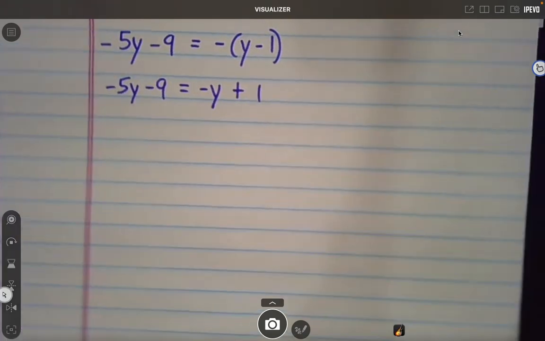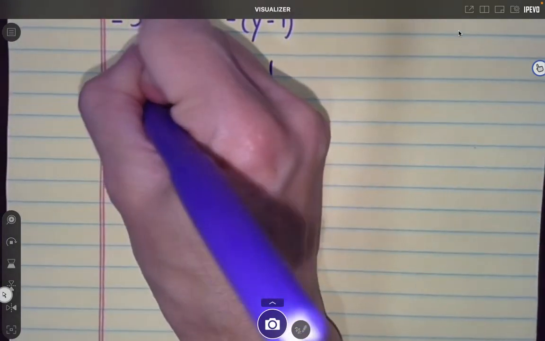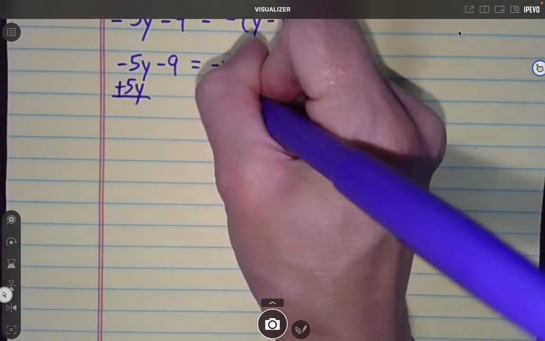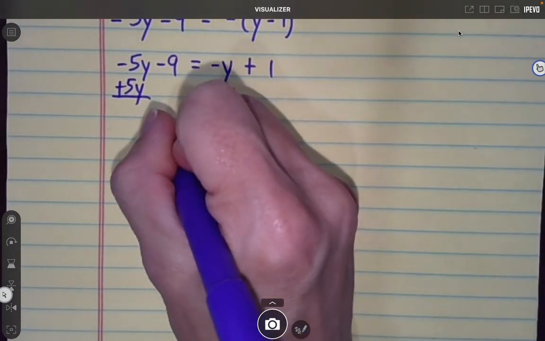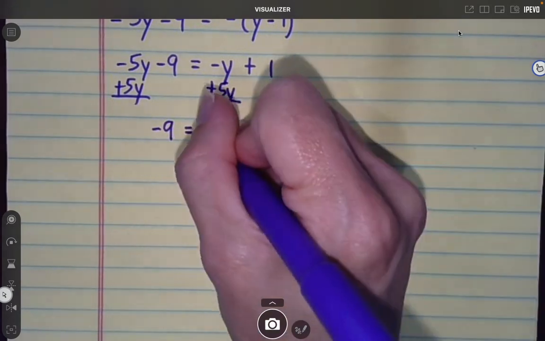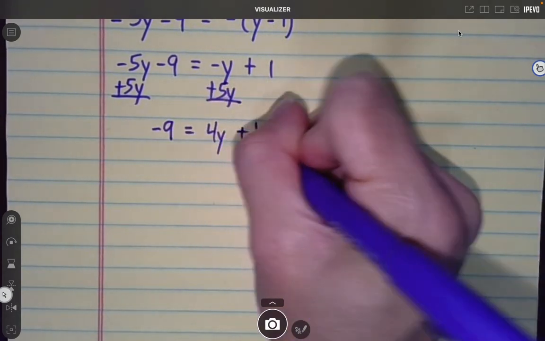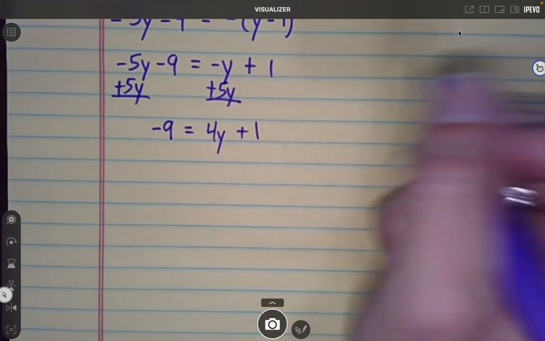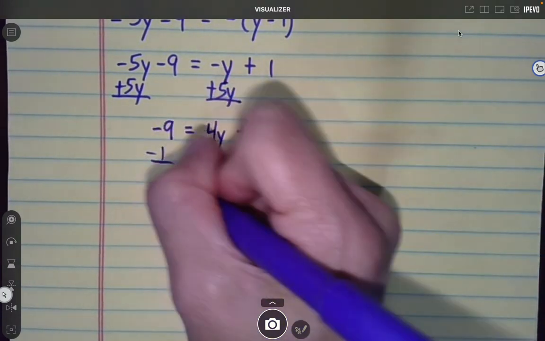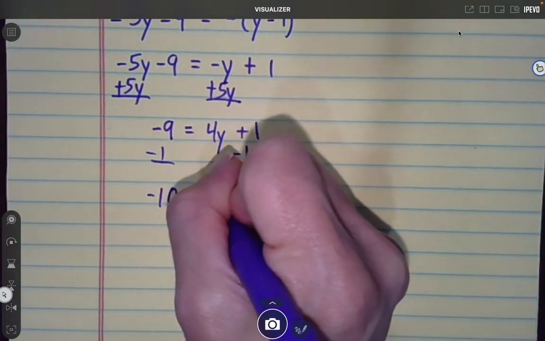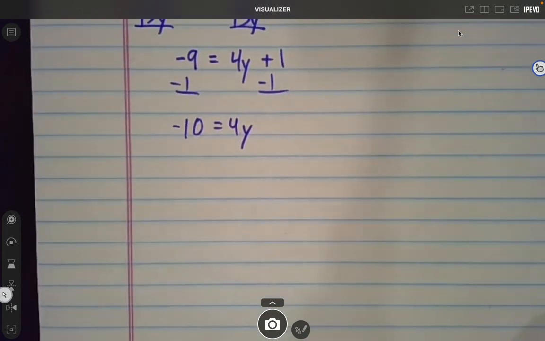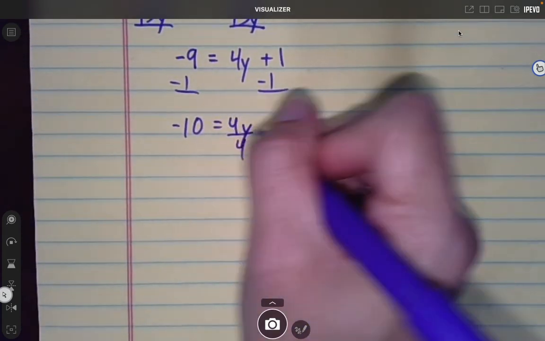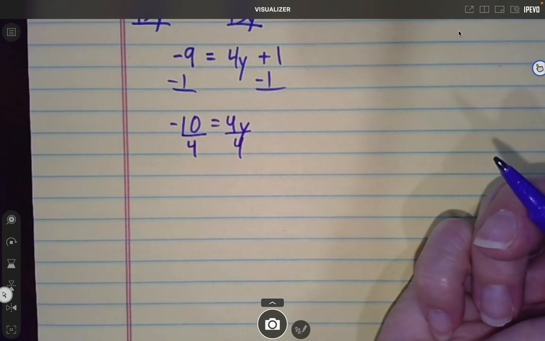Yeah, that's what I would have done. I would add the 5y. So over here, I bring down negative 9, 4y plus 1. Then what do I do? Subtract 1. I get negative 10 equals 4y. Then divide by 4.